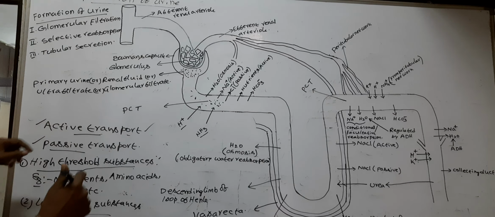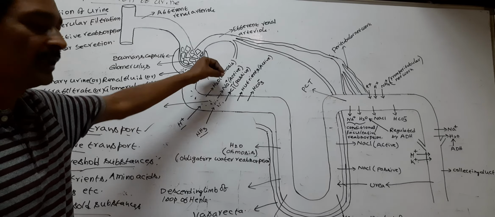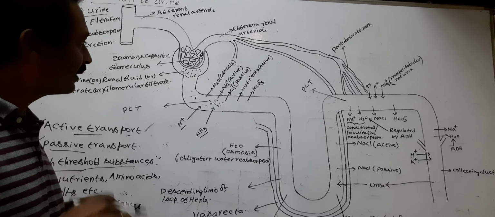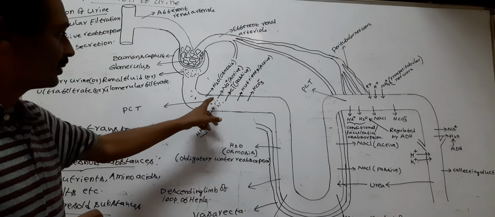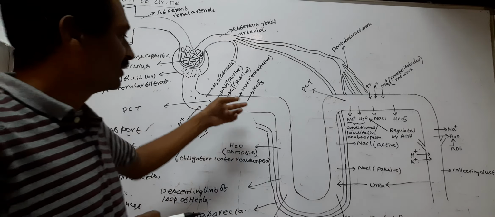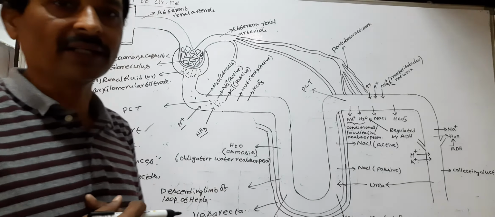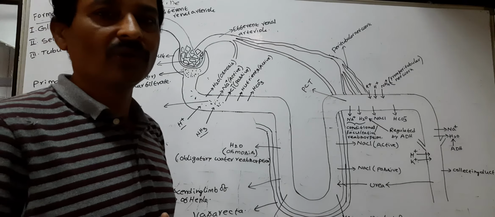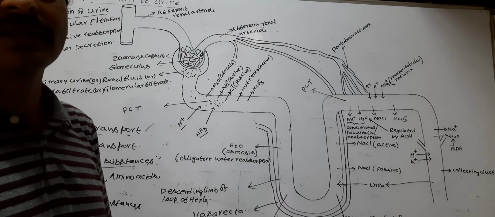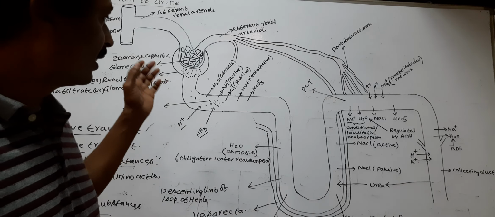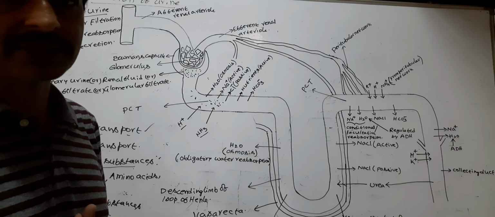So some substances of primary urine are reabsorbed into blood, and some substances are secreted into primary urine.